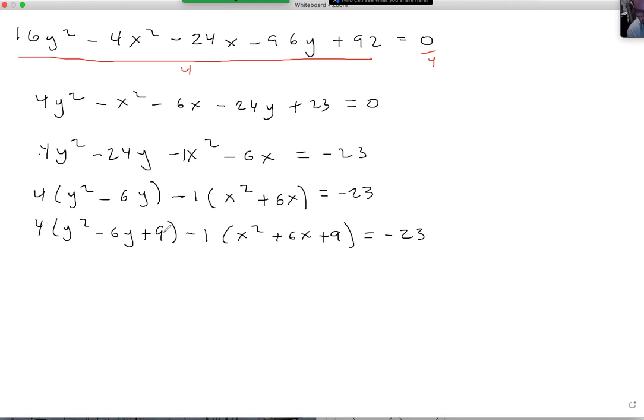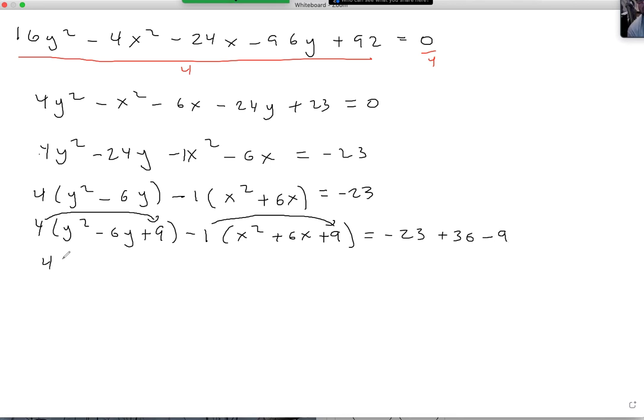Except that since I'm putting these plus 9s over here, I have to balance that out on the right-hand side. And that's the other place where the error almost always occurs, either this first sign when you factor out the negative, or right here when you go 4 times 9, because it looks like we're adding 9, but we're really adding 36 over here. And right here it looks like we're adding 9, but if I distributed that through, that's actually a minus 9.